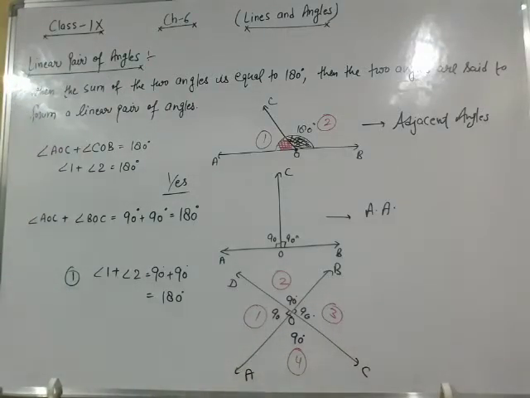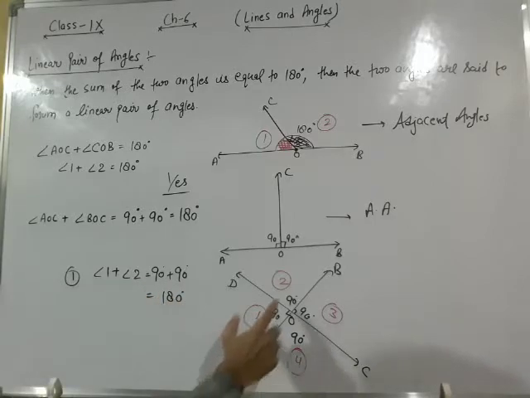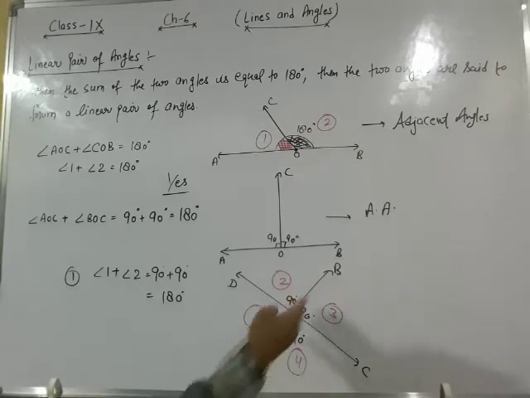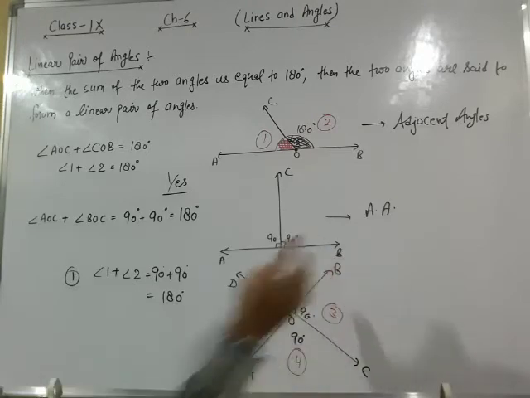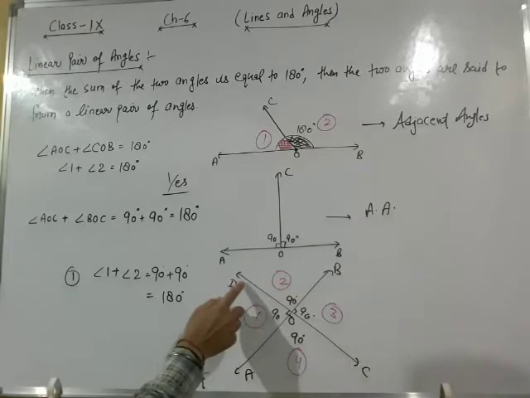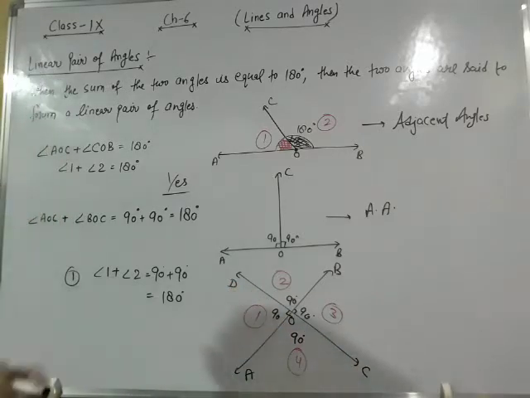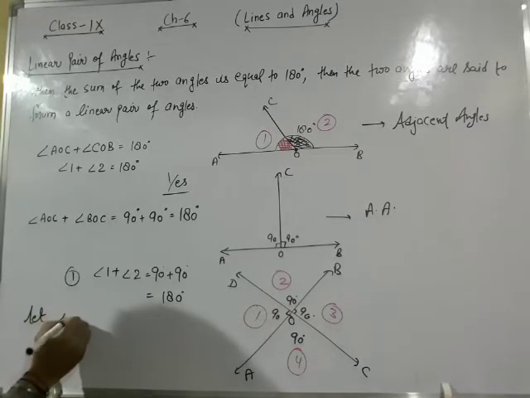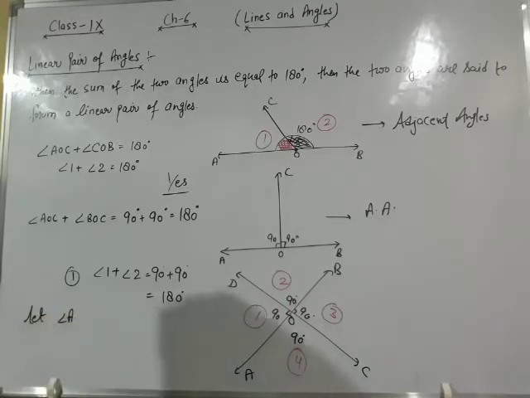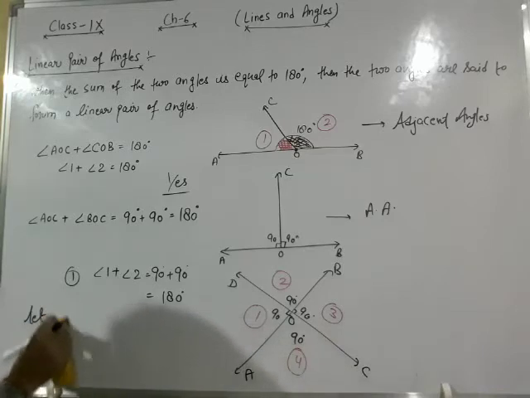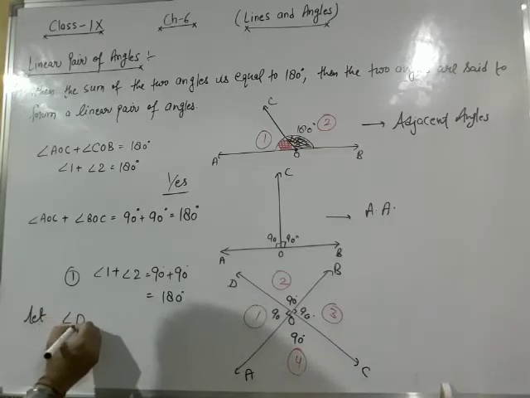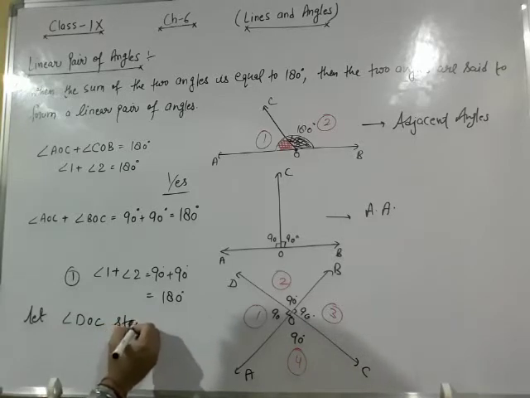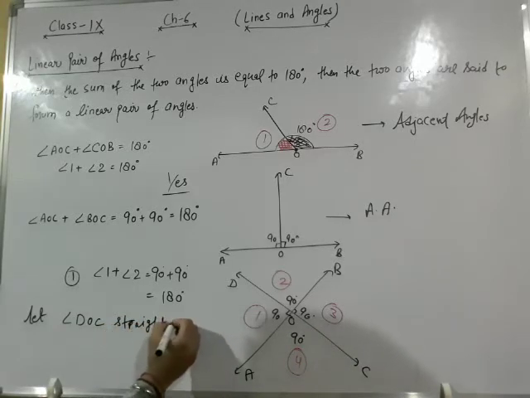So angle 1 and angle 2, when you have taken AB as a straight angle AOB. Now if I take angle DOC as a straight angle, then what will happen?